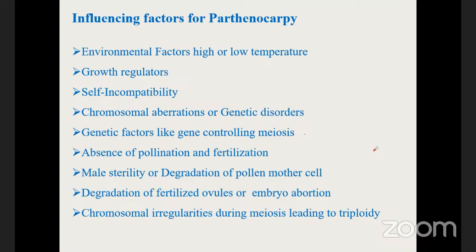What are the influencing factors that cause parthenocarpy? Environmental factors. What are those? High or low temperature, and growth regulator. Sometimes self-incompatibility. I told you sporophytic self-incompatibility or gametophytic incompatibility. Either the stigma may cause the infertility or maybe the pollen causes the infertility.